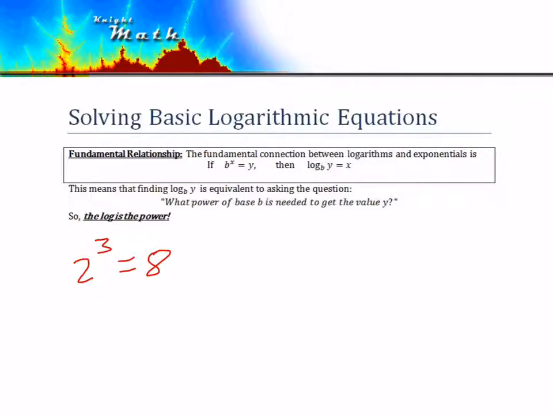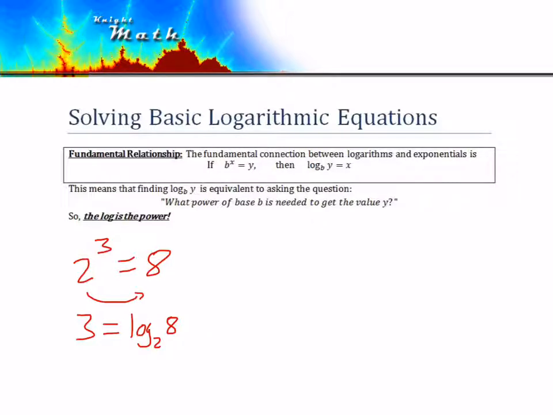If we swing this around, the logarithmic way of saying this is log base 2 of 8 is equal to 3, because this asks a question. The question asked is, what is the power we put on 2 to get 8? Well, the power we put on 2 is 3. So when we're finding a logarithm, we are finding the exponent that we need.